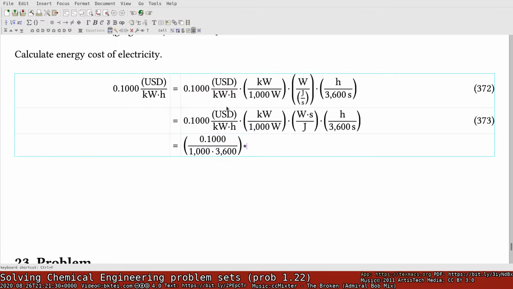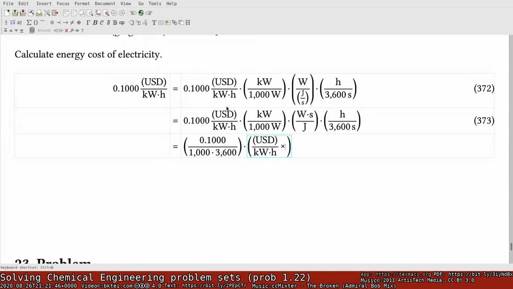Then units, we're left with kilowatt per watt, watt second per joule, hour per second.